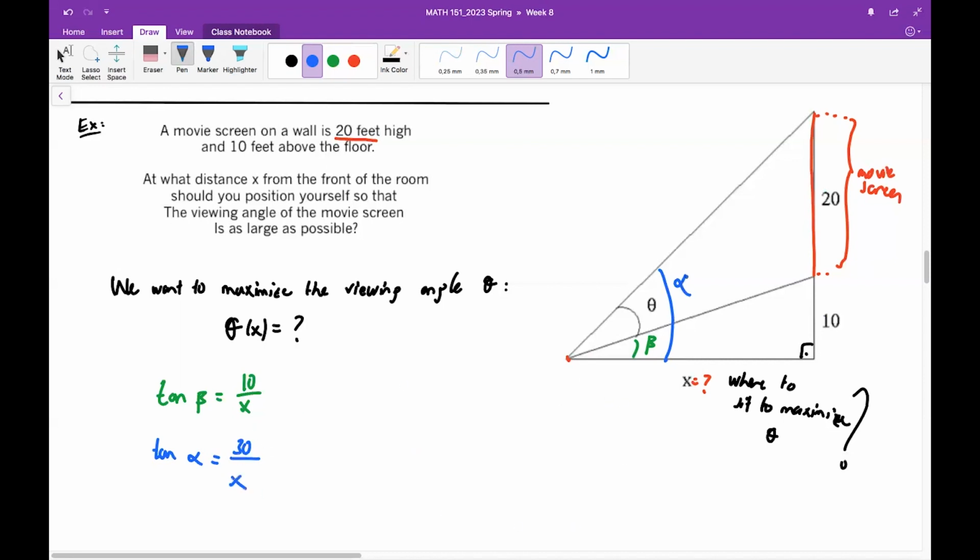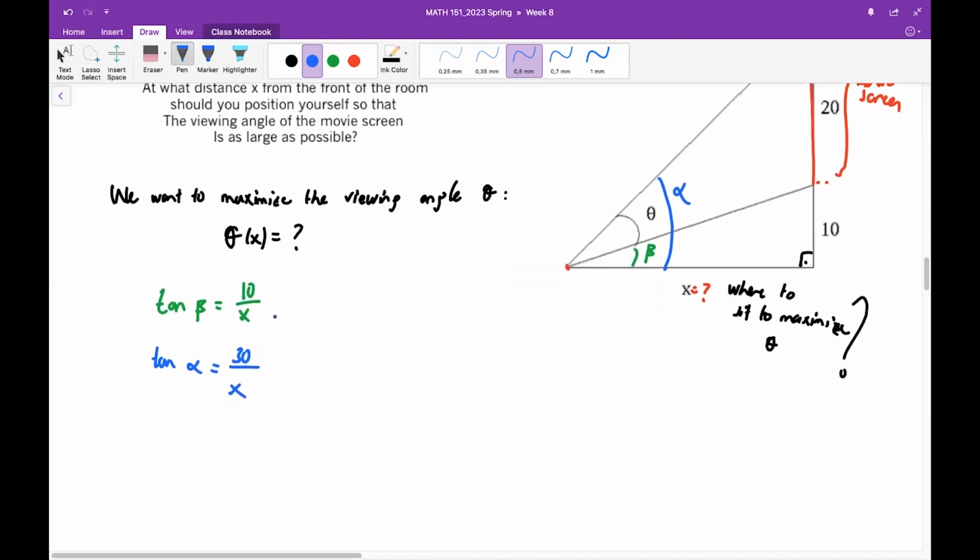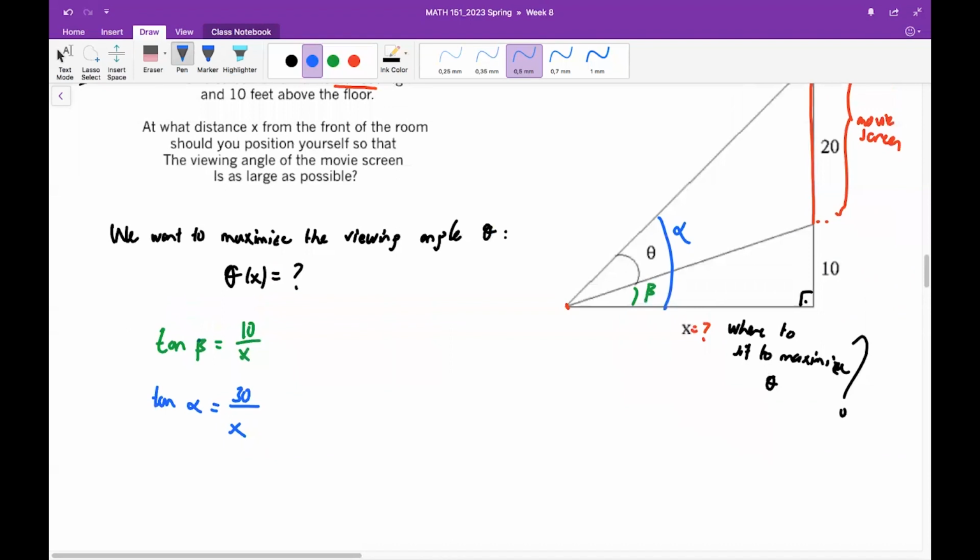Why did I invent alpha and beta? Because somehow I want to relate these lengths, 30, 10 and x, to the angles inside the triangle, and that relation is given by the tangent function. We obtained some relations between beta and x, and alpha and x, but what we are interested in is theta, right?